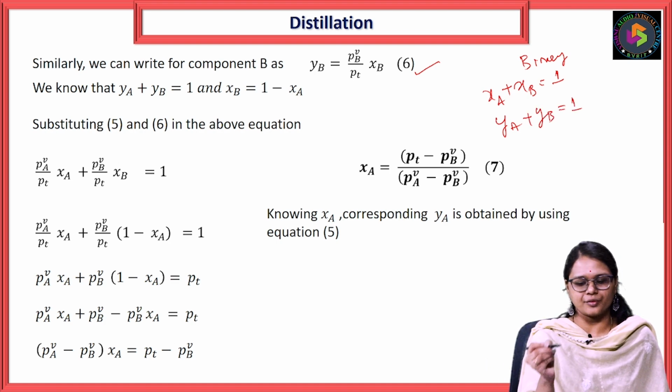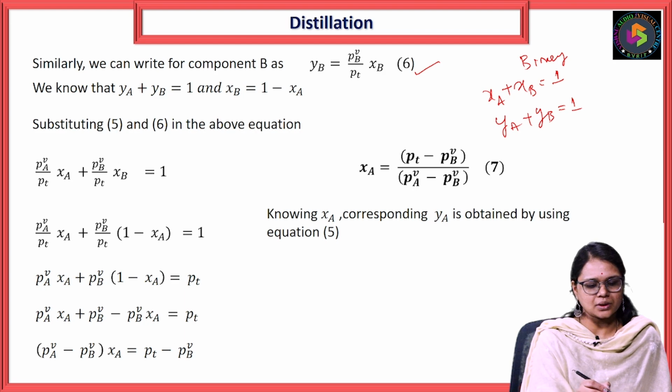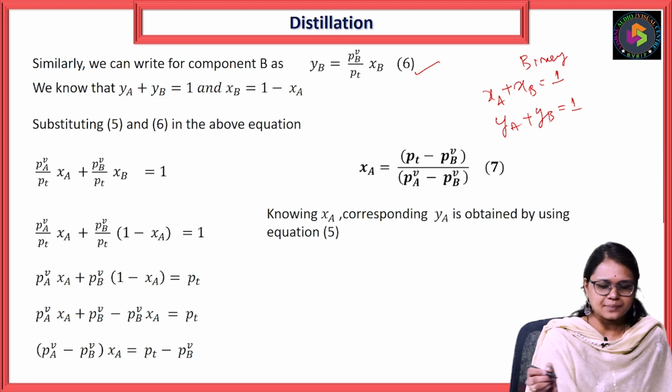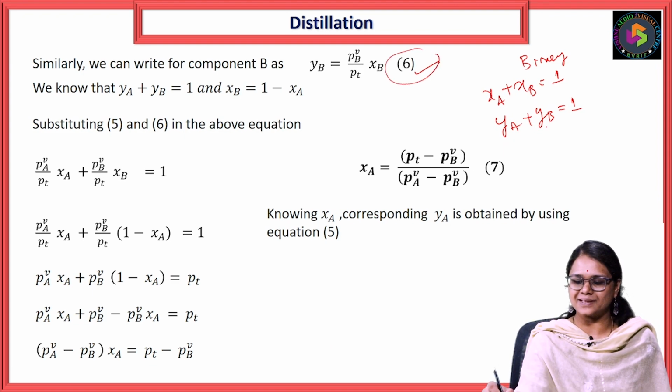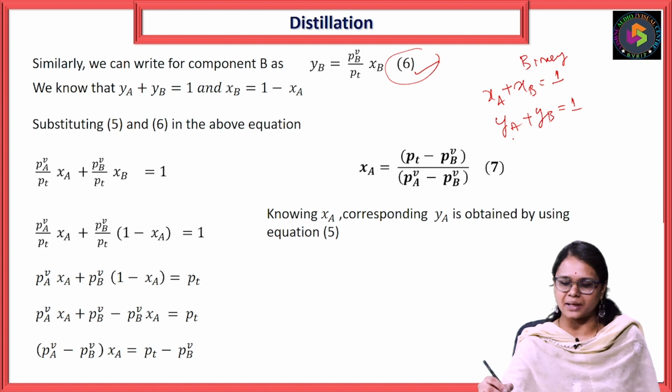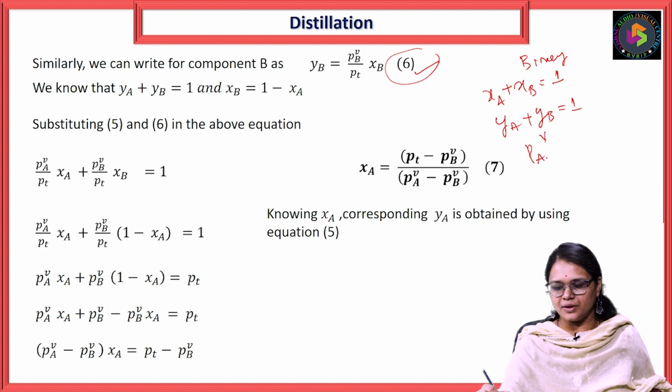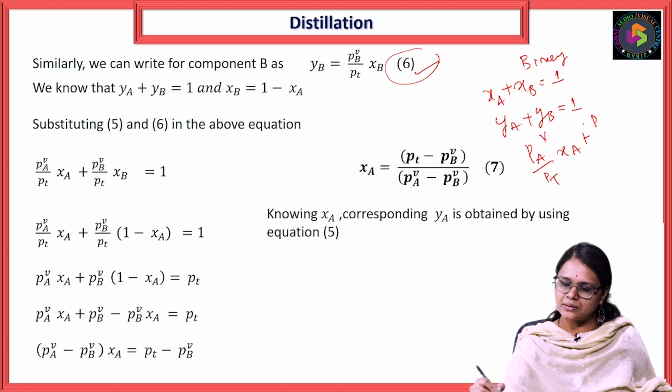Okay. So from that, if I substitute equation 5 in 6, then I get YA plus YB equal to 1. In this place, I am writing PAV by PT into XA plus PBV by PT into XB is equal to 1.